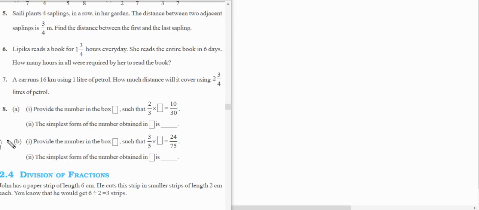Understand? Now second one, provide the number in the box such that 3 by 5 when you multiplied, it will become 24 upon 75, right.